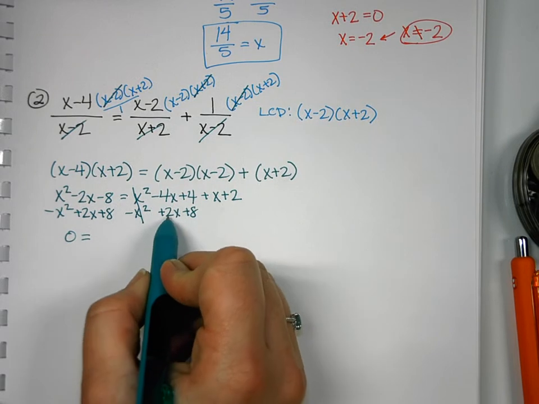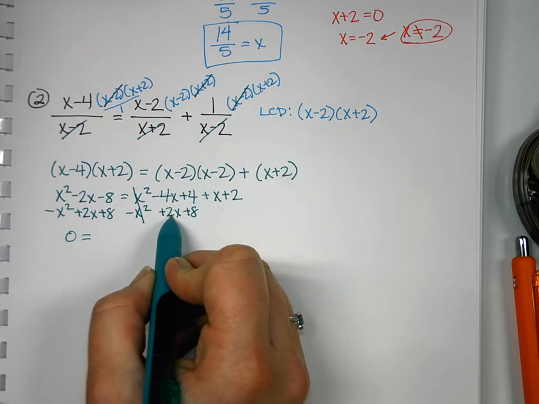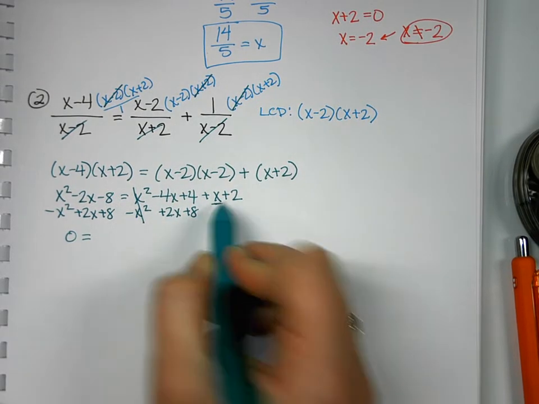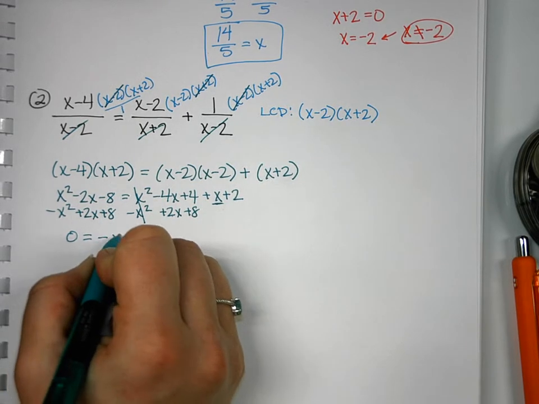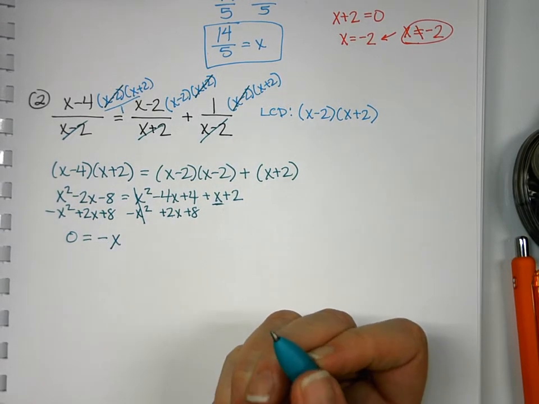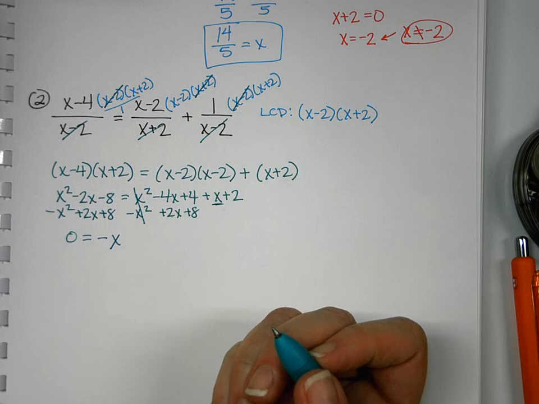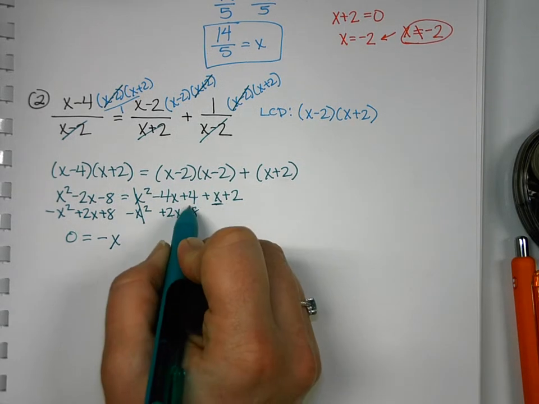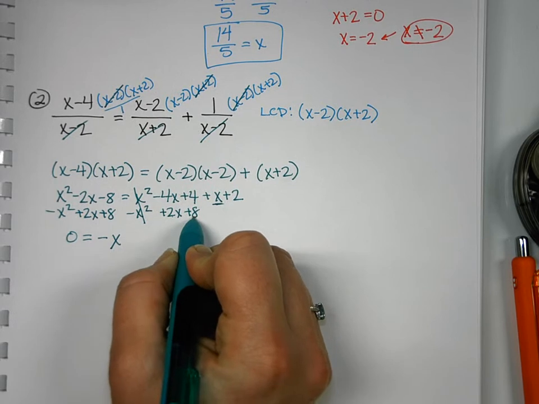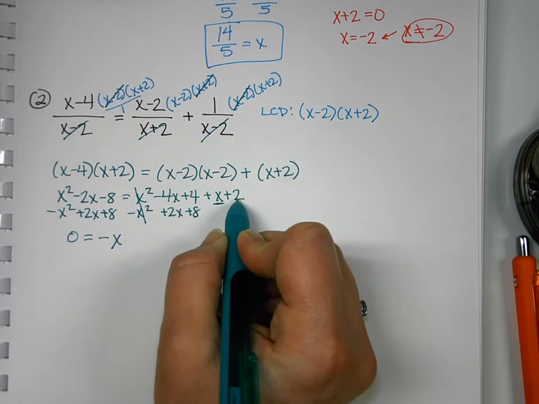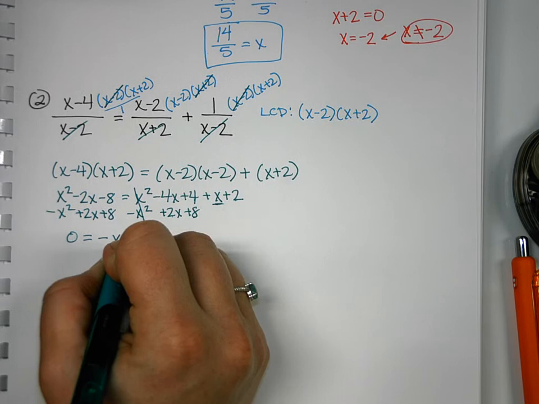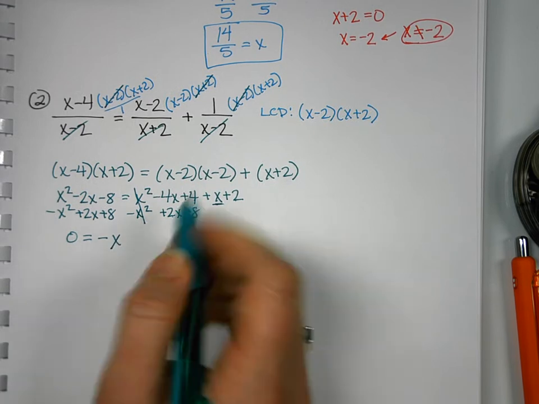Negative 4 plus 2 is negative 2, but I also have this x over here, so that's going to end up giving me negative x. And then we have 4 plus 8 is 12, plus 2 is 14.